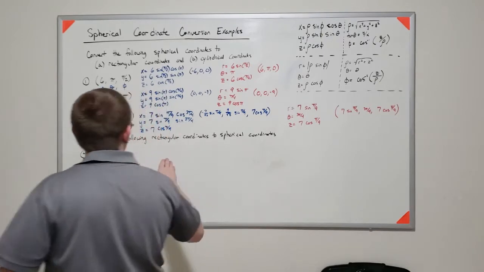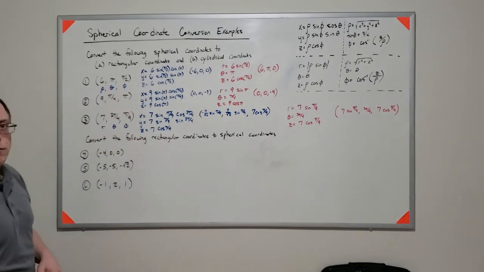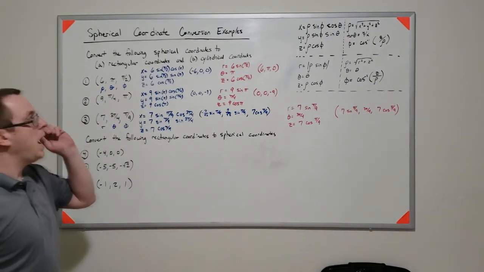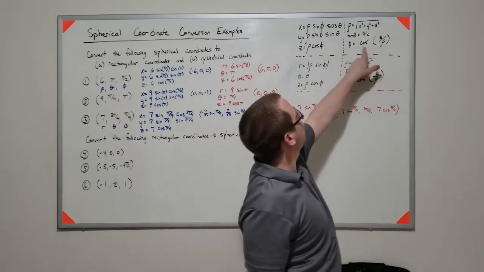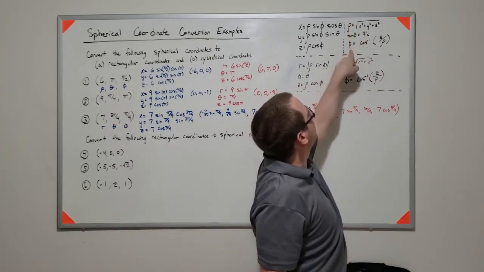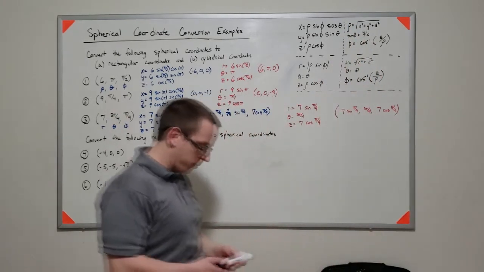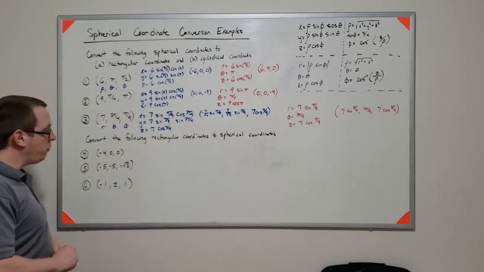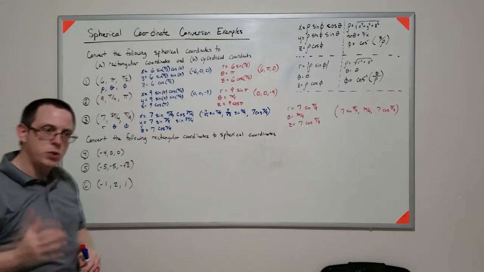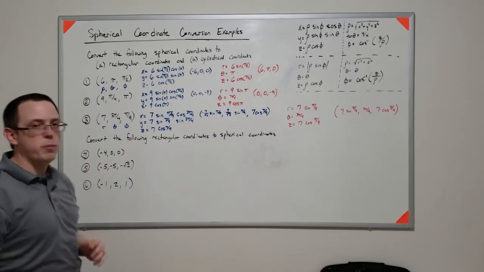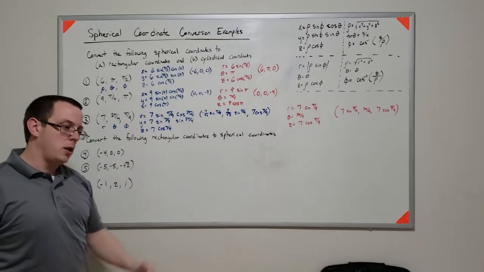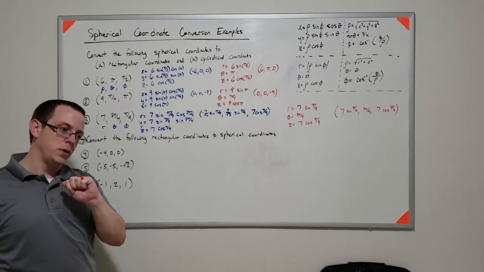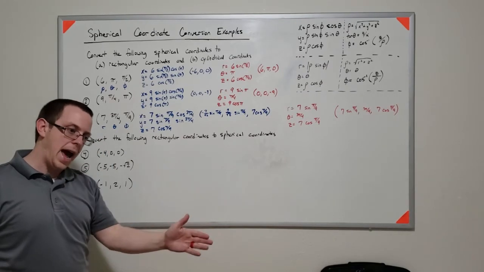So we can be reasonably confident we've done the translations there. Now, let's take a case where we take rectangular coordinates and convert them to spherical. So I have negative 4, 0, 0. Intuition tells me that this is going to have a magnitude of 4, it's going to be in the negative x direction, and it's going to be on the axis.